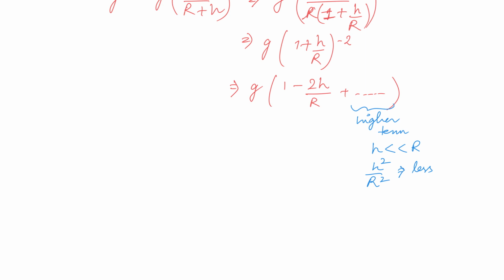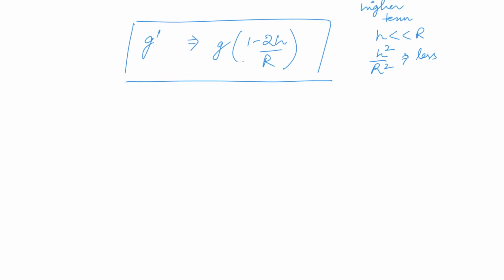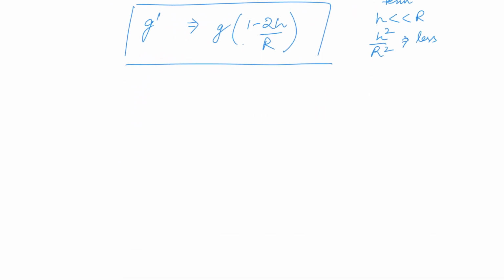So we will remove these higher terms. So we will get g (1 minus 2h upon R). Let's talk about the next point.